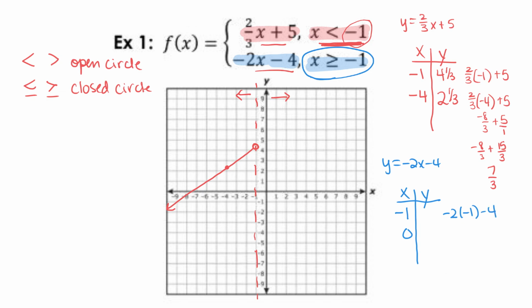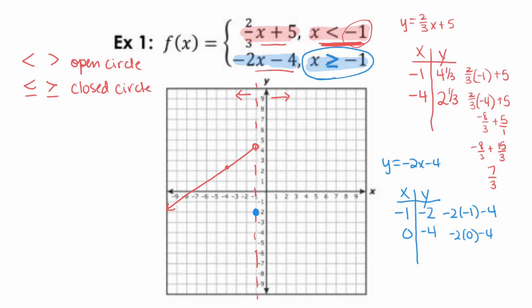-2 times -1 is 2. 2 minus 4 is -2. Plug in 0: -2 times 0 minus 4, that'd be 0 minus 4, which is -4. So this would be -1, -2, and this is going to have a closed circle because we have a greater than or equal to.